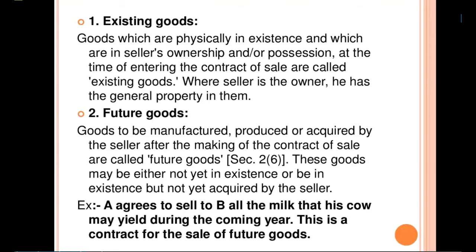Future goods. Goods to be manufactured, produced, or acquired by the seller after making the contract of sale are called future goods, as per Section 2(6). These goods may either not be in existence, or may be in existence but not yet acquired by the seller. Let me give a good example for understanding future goods. Right now, from this COVID-19, what's happening?